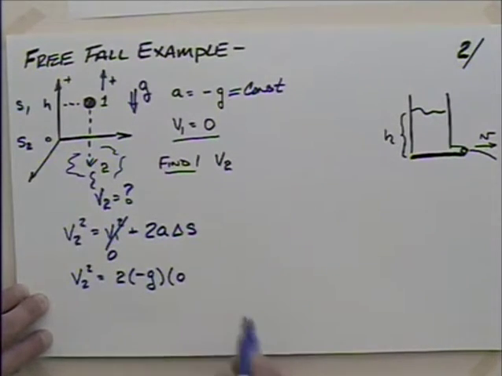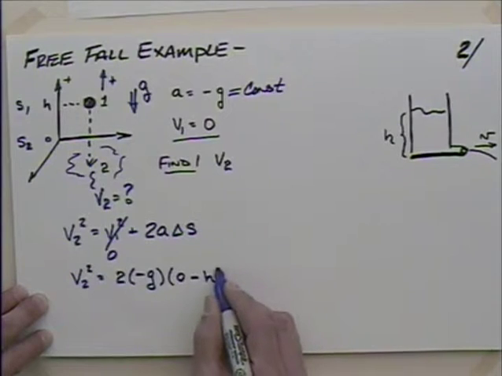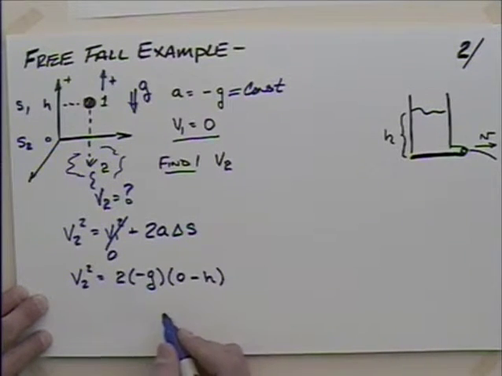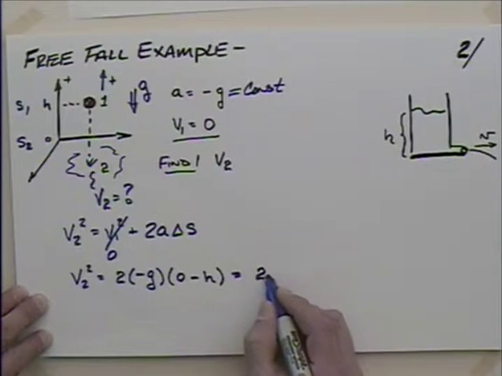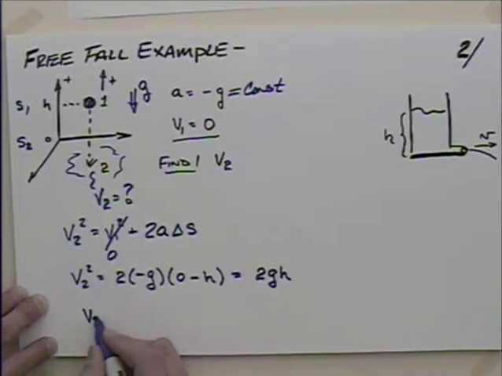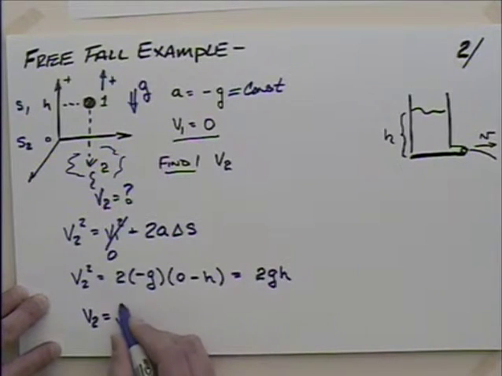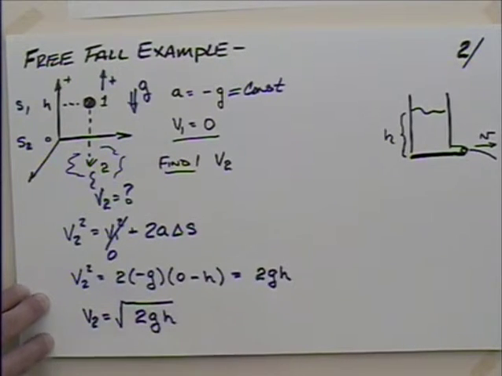We're starting at the upper surface, so s2 is 0, and then I have to subtract s1, that's h. So I come up with this being equal to 2 times g times h, or v2 is equal to the square root of 2gh.